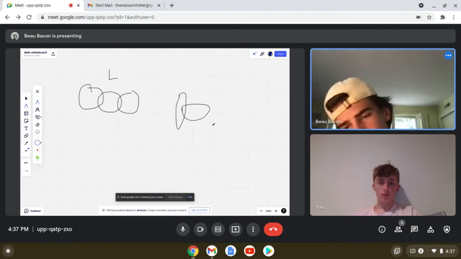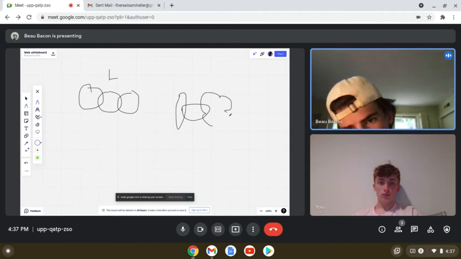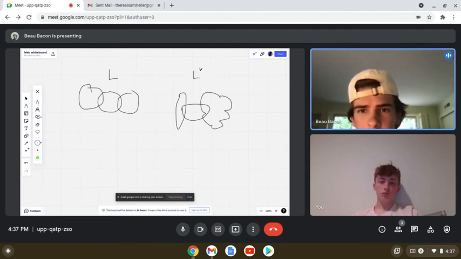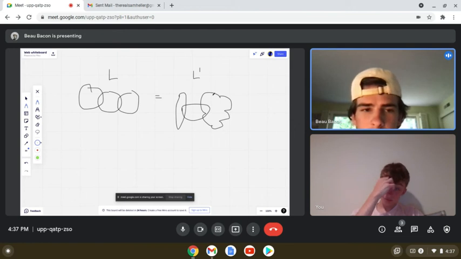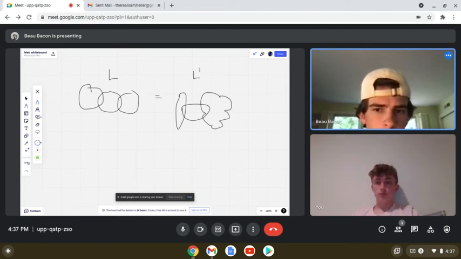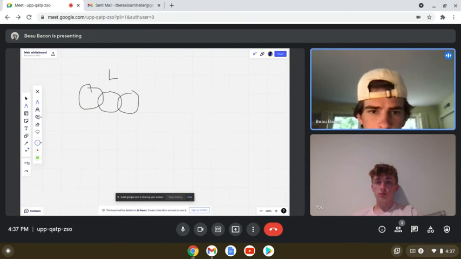These are all unknots. This is L prime, and technically these are actually equal because just by using elementary knot moves, these three knots can just end up looking like these three circles. So we're just going to go through that.